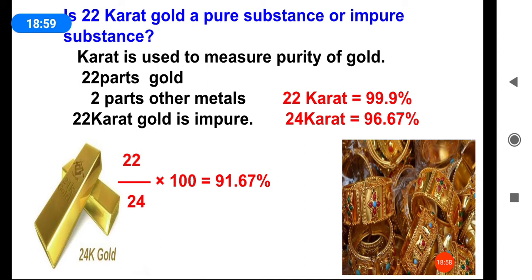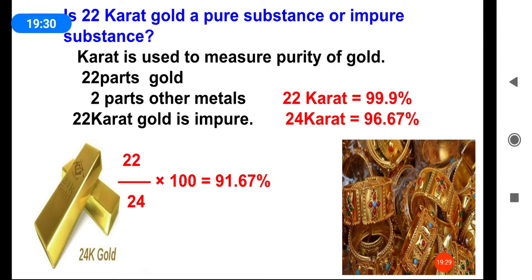This means that all 24 parts in the gold are pure gold without any other metals. It is known to be 99.9% pure. 22 karat gold jewelry implies that 22 parts of the jewelry amount to gold and the balance 2 parts are some other metals.